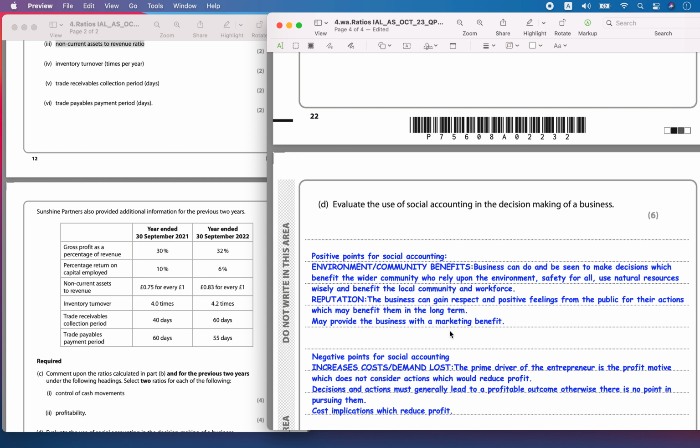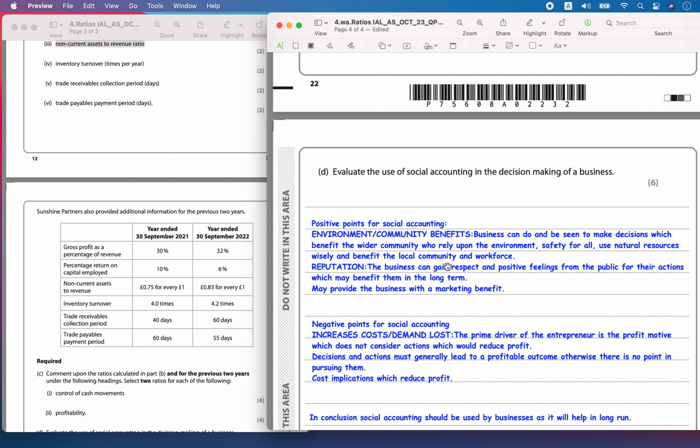This may help the business sell more and make a profit. It also acts like a marketing strategy, so it is going to help in more sales. However, the negative points of social accounting are that the business will incur costs and sometimes demand might be lost, because if people are not aware of such social accounting factors, then it will not lead to higher sales.